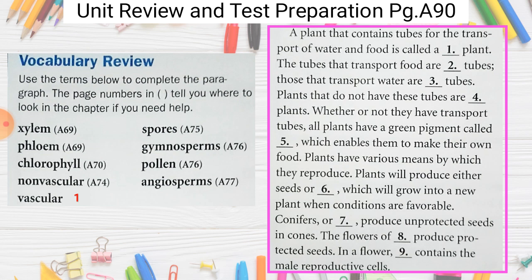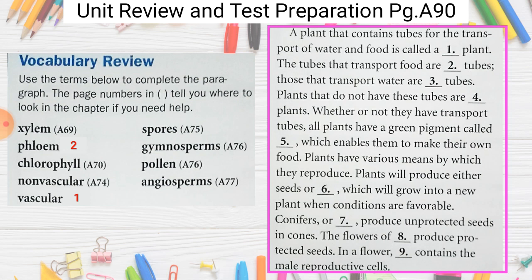Let's continue. The tubes that transport food are... What word is for space number 2? Phloem. Continue.